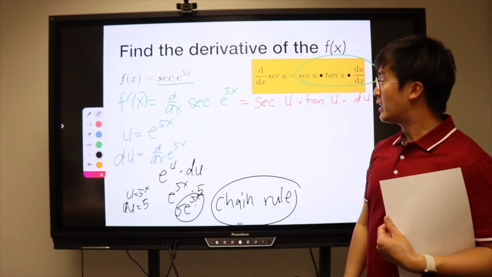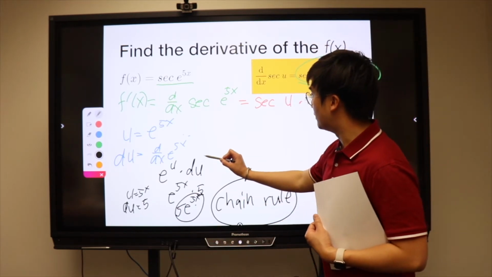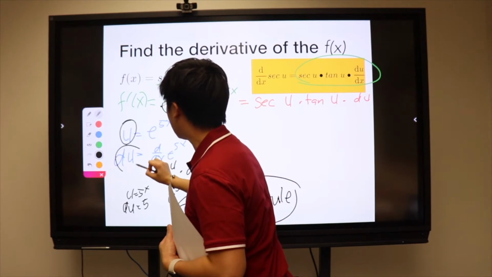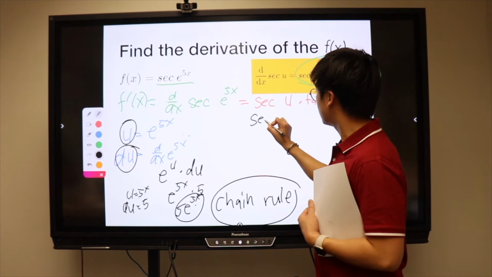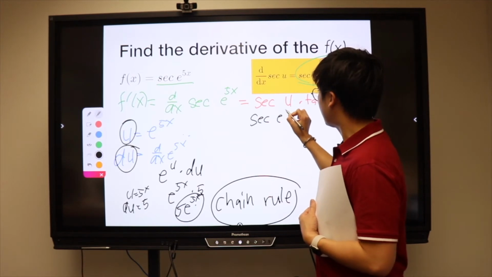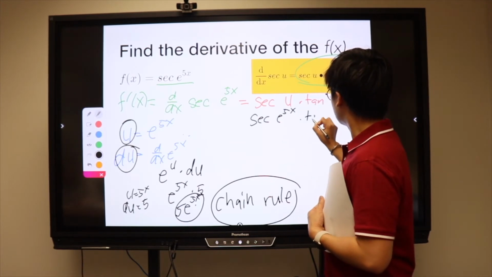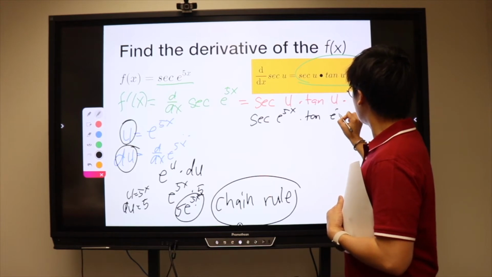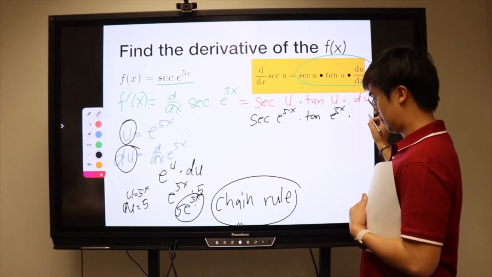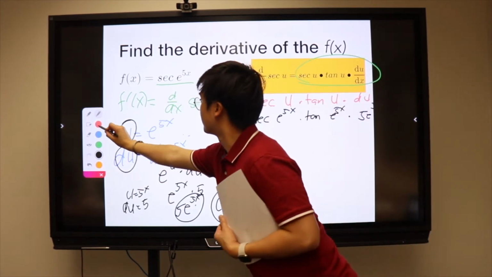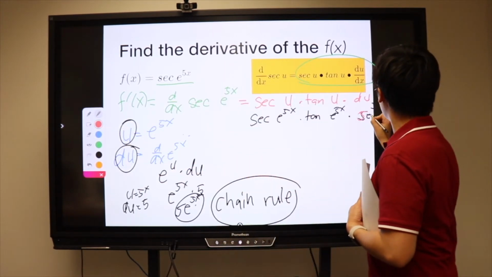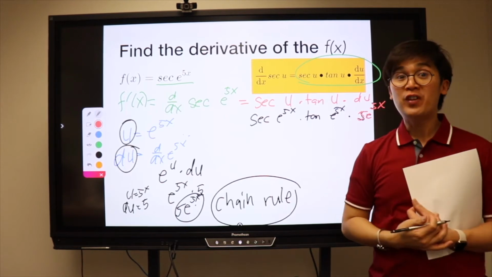Alright, so now that we have our u and du, we just need to write it down to our answer. Secant, what's u? E to the 5x, tangent e to the 5x, times 5e to the 5x. And we're finished.